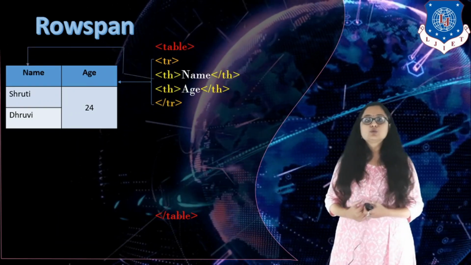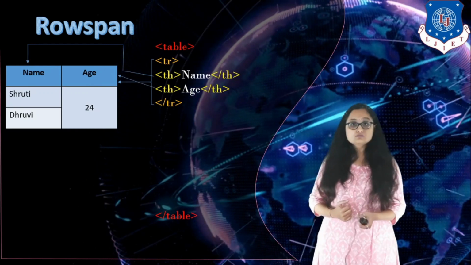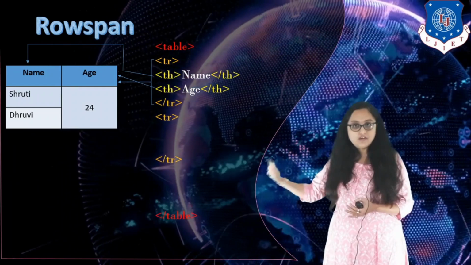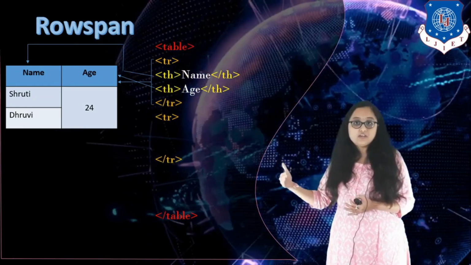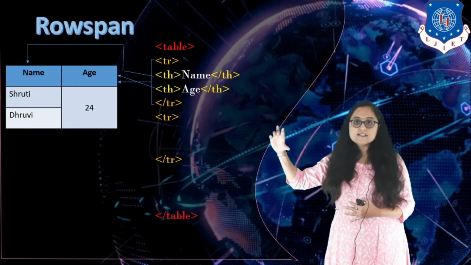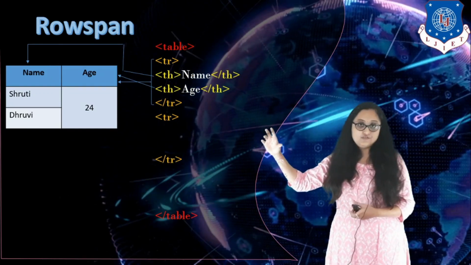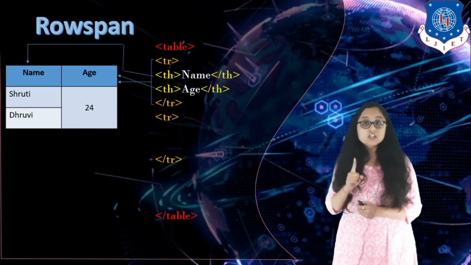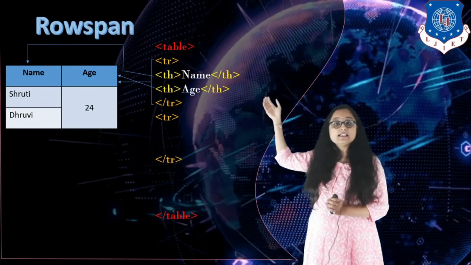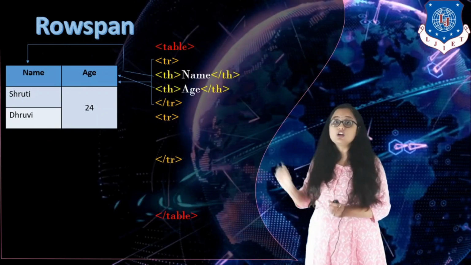Now let us jump to row 2. For row 2, you know that you have a second row that needs to be defined in a TR start and TR complete. So this is the TR start and TR complete tag that I have written for the second row, but you can clearly see in the figure that in the second row the first column is normal.